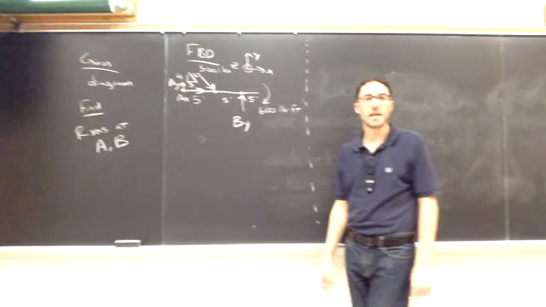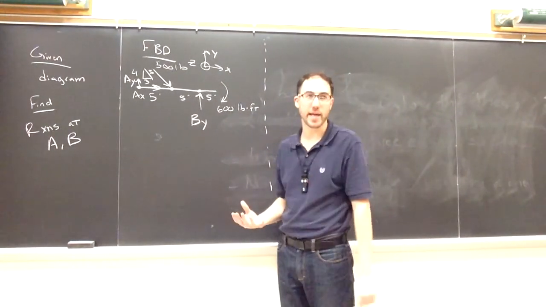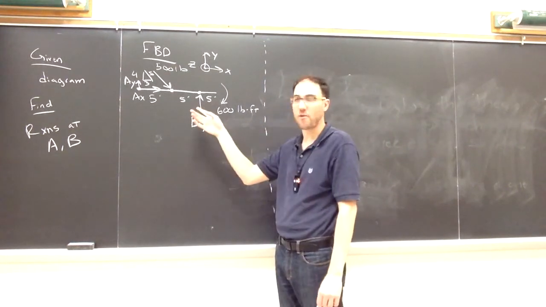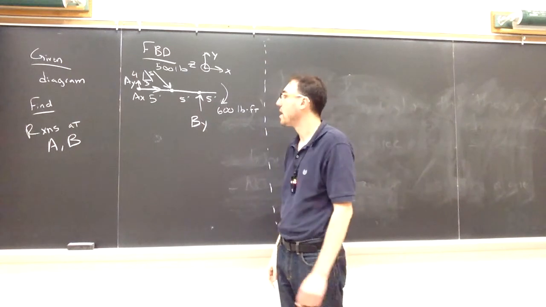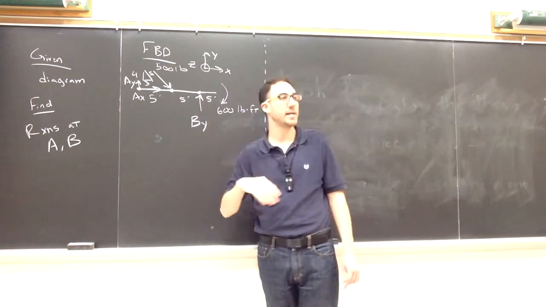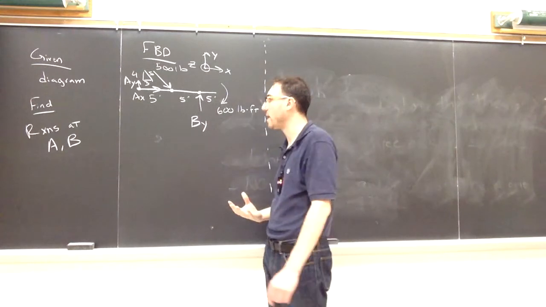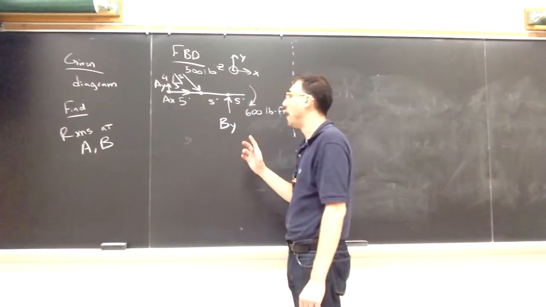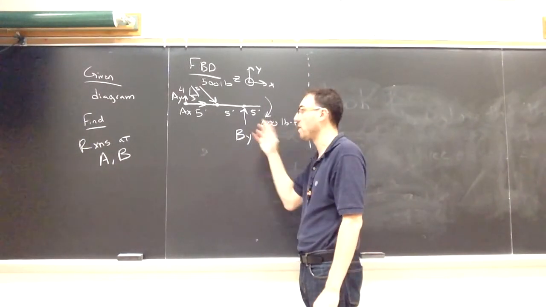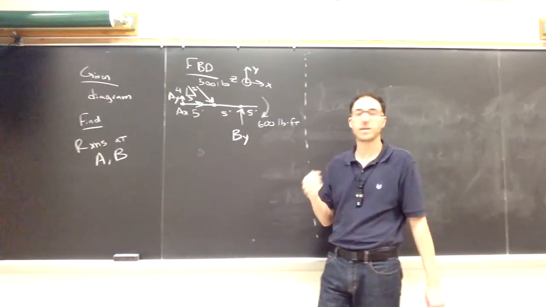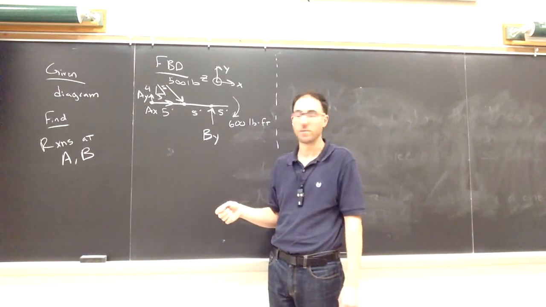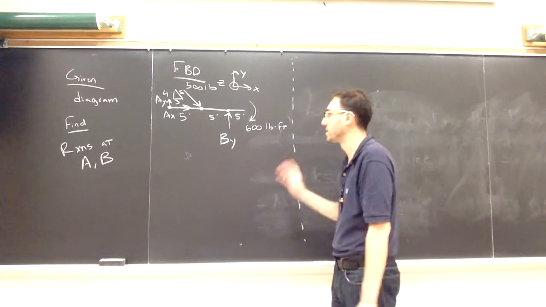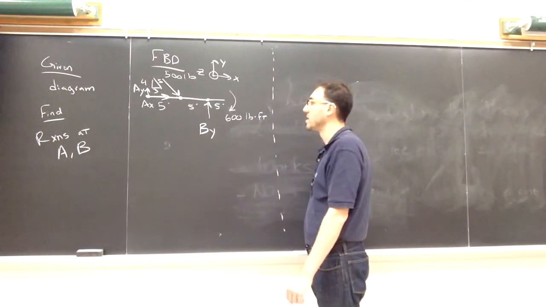In this class, that will most of the time be the case because we can get three equations out of every free body diagram in 2 dimensions. If you have more than 3 unknowns, it's not necessarily wrong because you might have a way of generating more equations, like if there's a spring or something like that. But I would just say take a second look if you have more than 3 unknowns. And also take a second look if you have fewer than 3 unknowns. It's possible there's only 2 unknowns, but just double check it because you want to be careful of that.